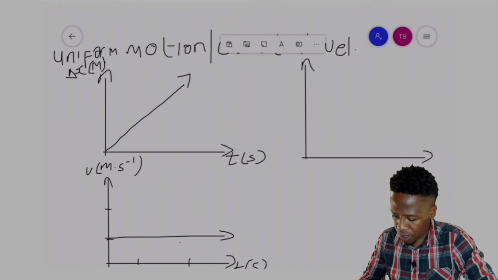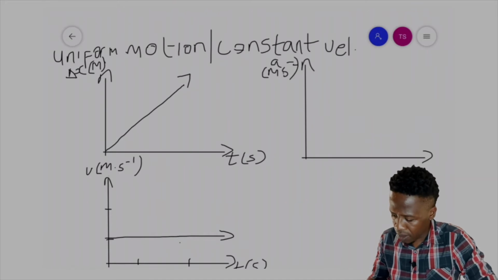Now here we have acceleration, which is measured in meters per second squared, and then here we have time, which is measured in seconds.